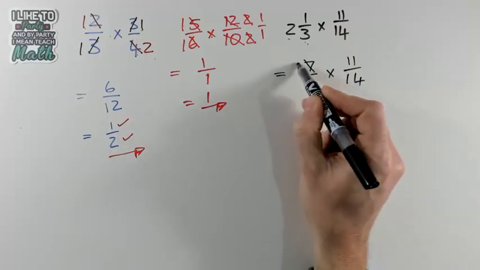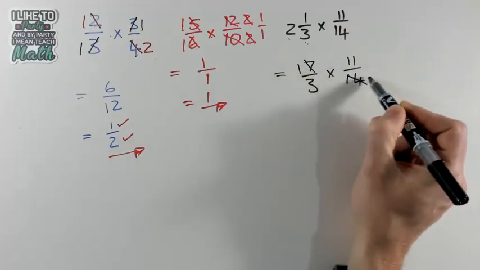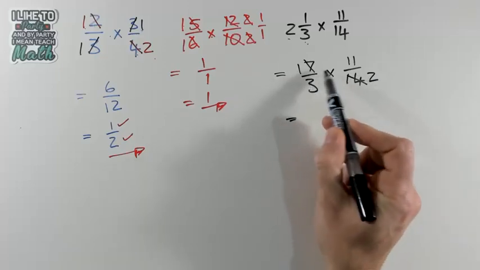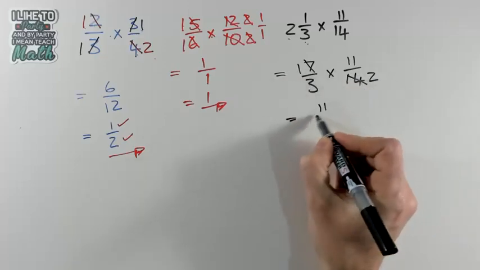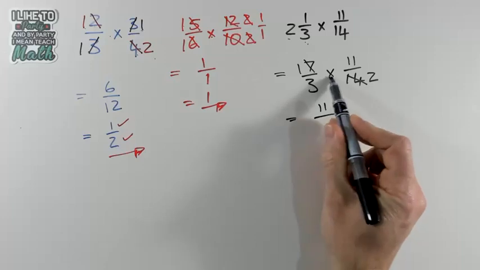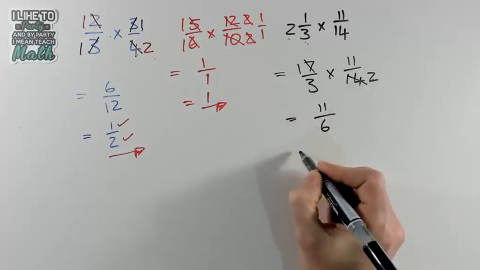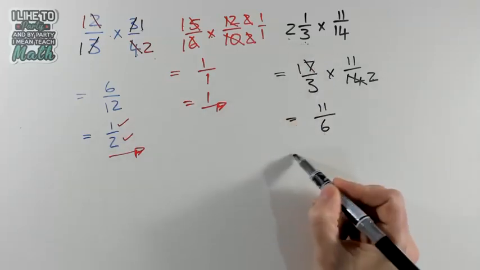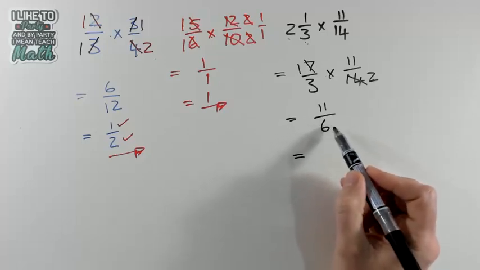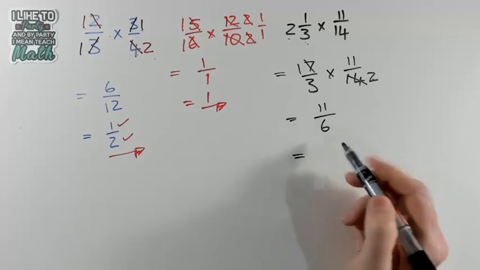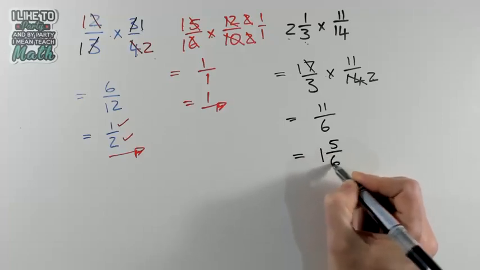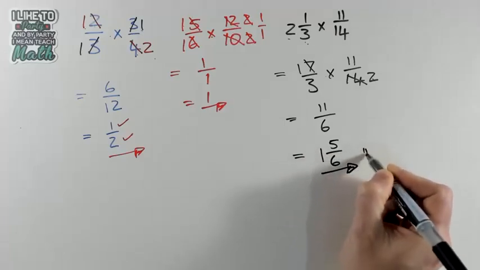So 7 will go in itself once and into 14 2 times. Now we're left at the top with 1 times 11, which is 11, and at the bottom, it's 3 times 2, which is 6. They did start off with mixed numbers, so we'll write this as a mixed number as well. So 6 can go into 11 one time, and we would have 5 left. So there you have it.